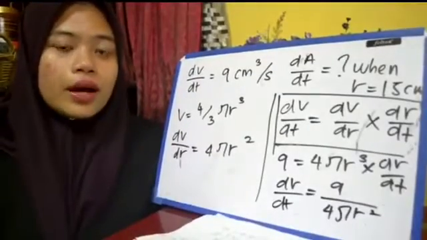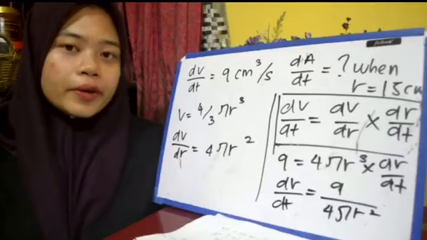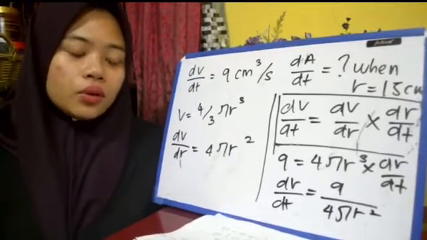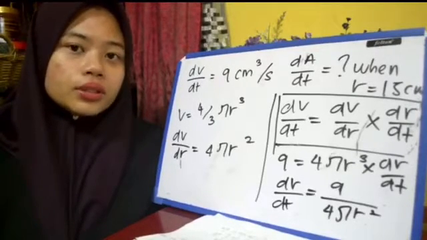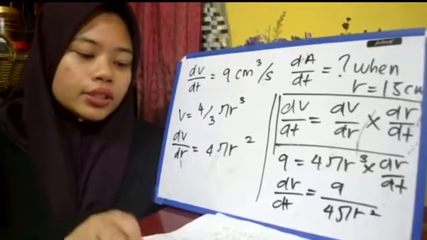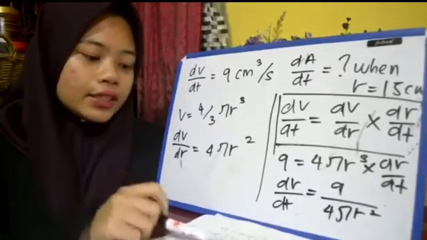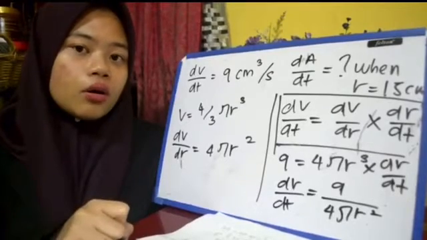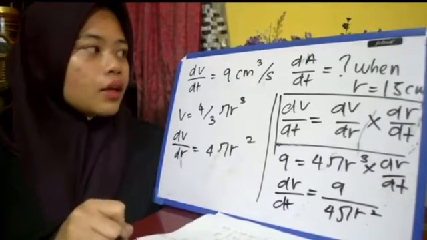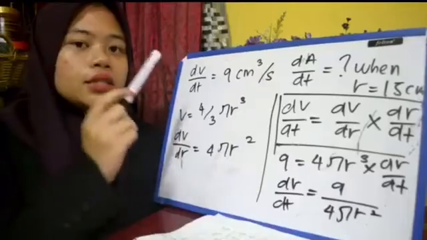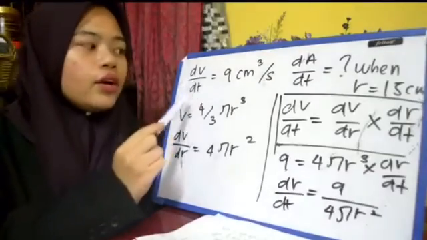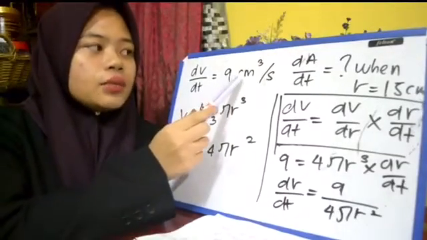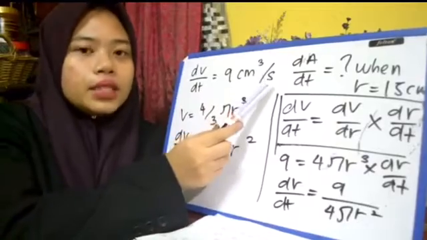After we know the shape is a sphere, we need to know what the question wants. The question gives that it is inflated at the rate of 9 cm³ per minute. So this is dV over dt equal to 9 cm³ per minute.